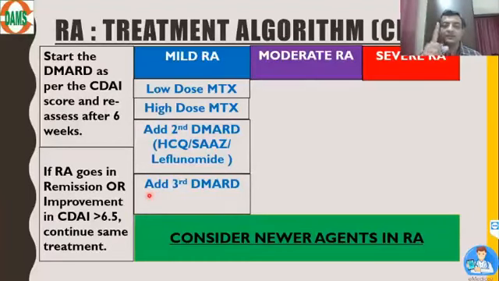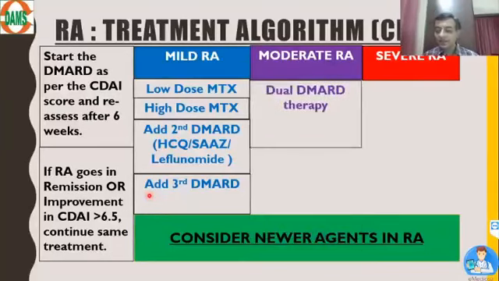If it does not work in 6 weeks, make it high dose. If it does not work in 6 weeks, add a second DMARD. If it does not work in 6 weeks, add the third DMARD. And if that also does not work, then you consider newer agents in RA.